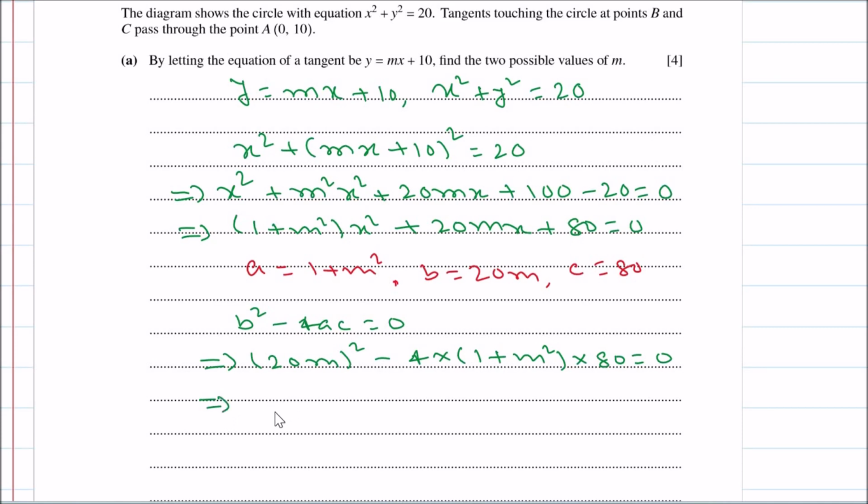So 20m square will be 400m square, minus 320 minus 320m square, is equal to 0.